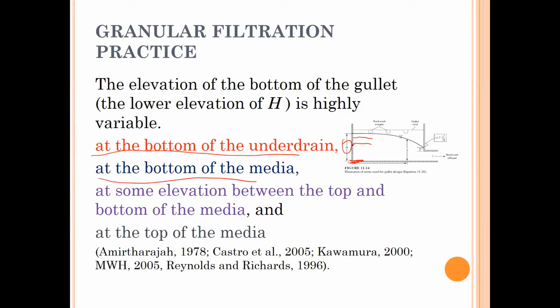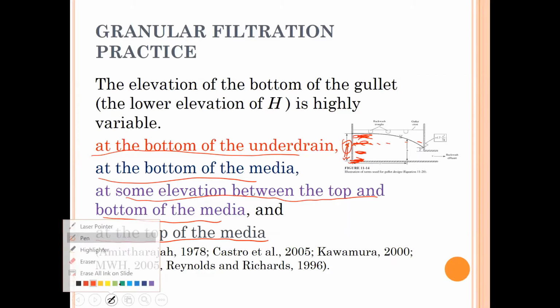If the media is somewhere at this level, the edge can be at that level. It can be the same elevation between the top and the bottom of the media, or it can be at the top of the media. So it can be here, somewhere here, it can be here. It will vary.